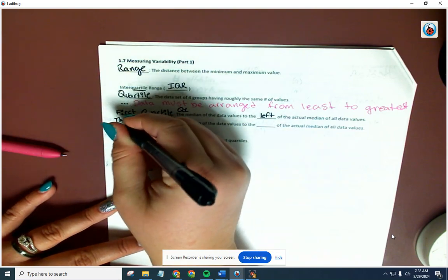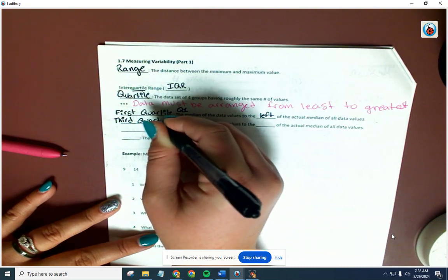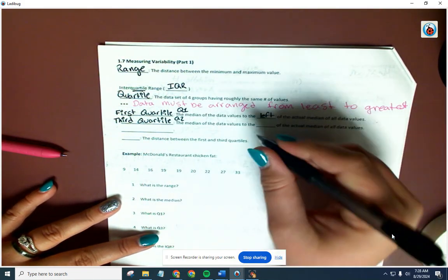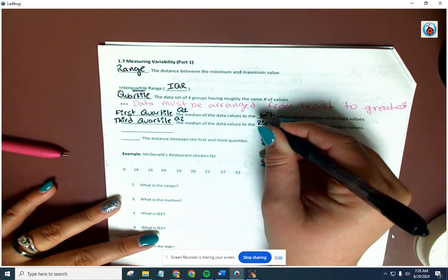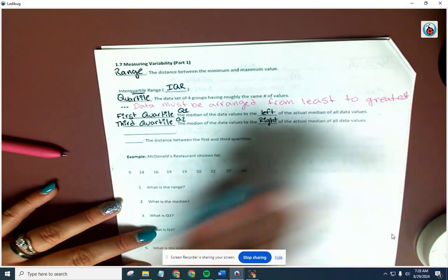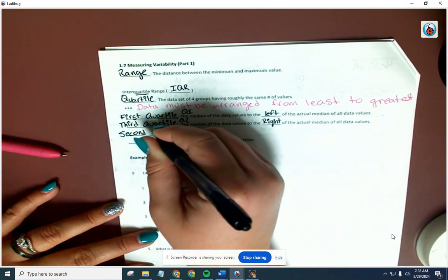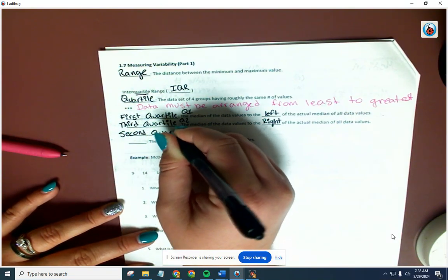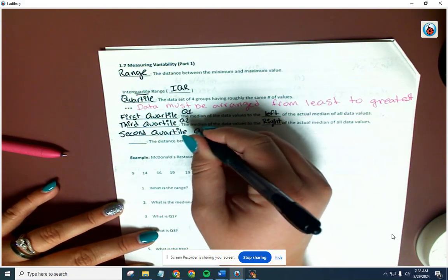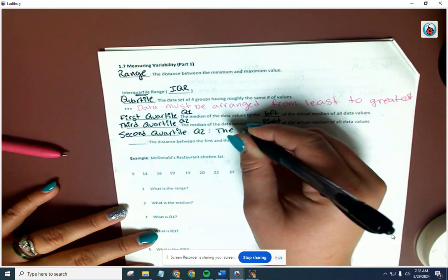The third quartile, also known as Q3, is the median of all data values to the right of the actual median of data values. And the second quartile does not actually exist, because some people will call it Q2, but it is really just the median of the data.